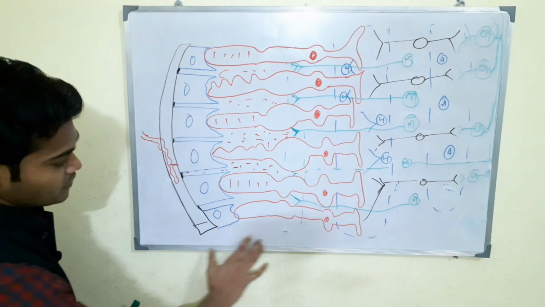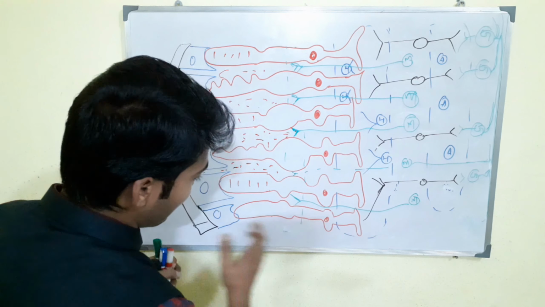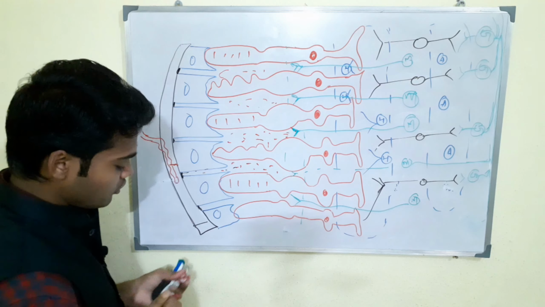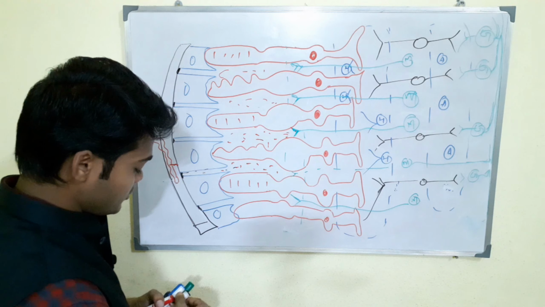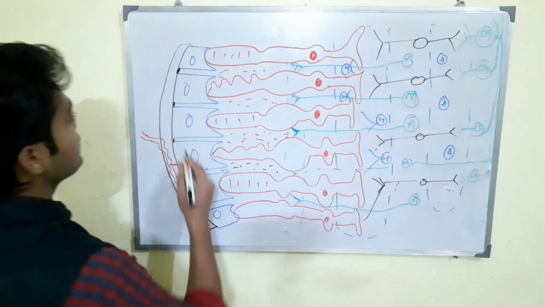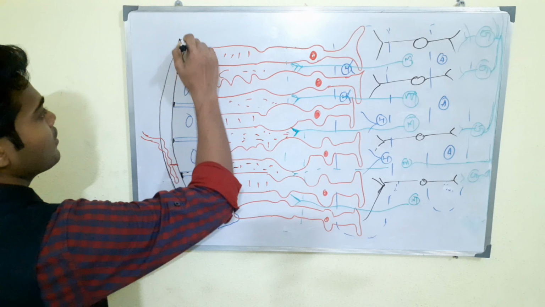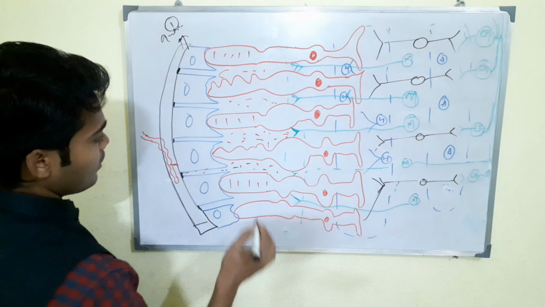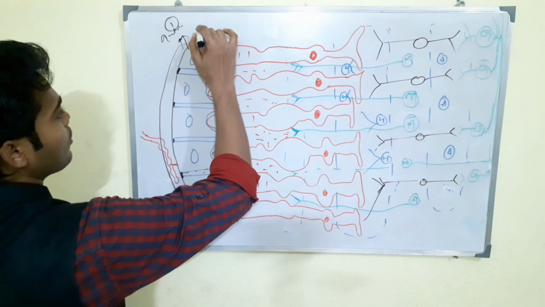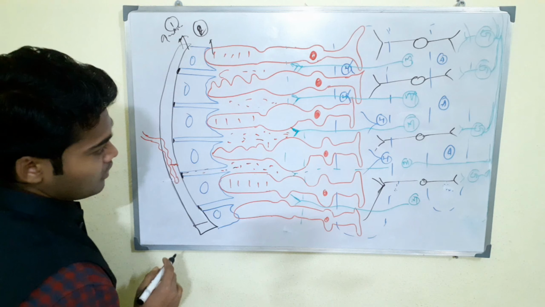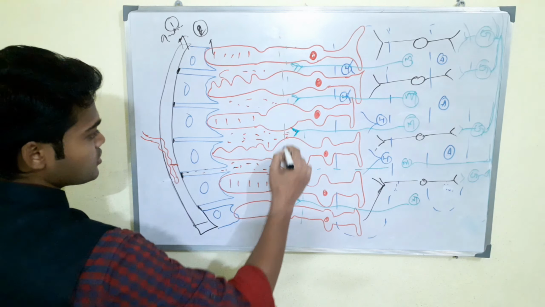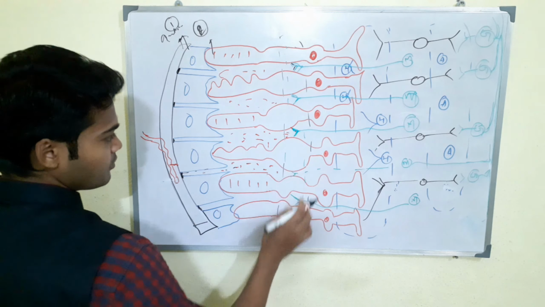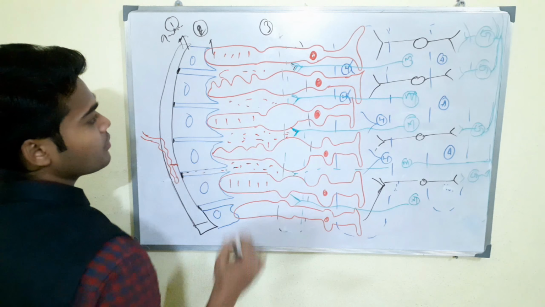So now I will give you the 10 layers and how they act. Just assume this is the outer epithelium layer, the first layer. The second layer is the rod and cone cells. The third layer is formed by the cilia of the Muller cell, the outer limiting membrane.